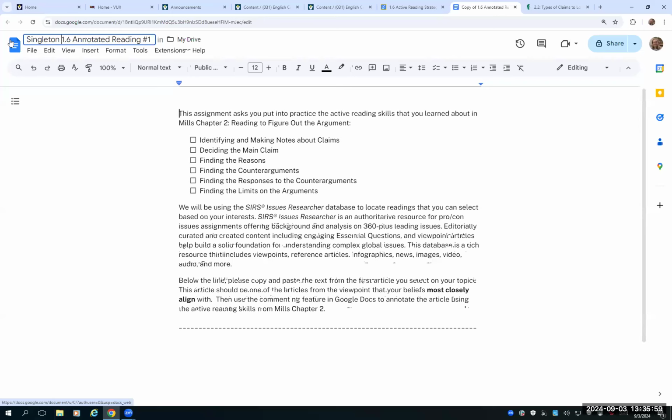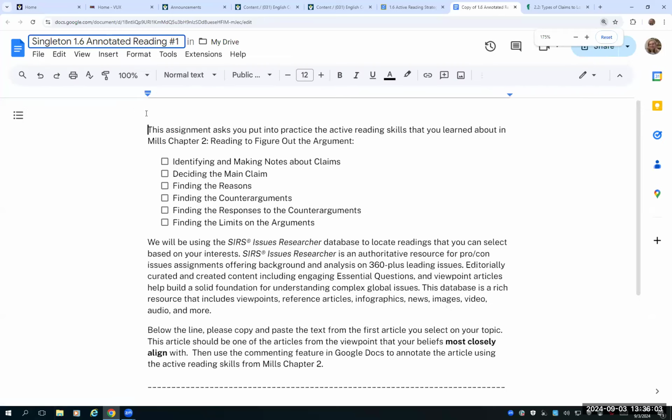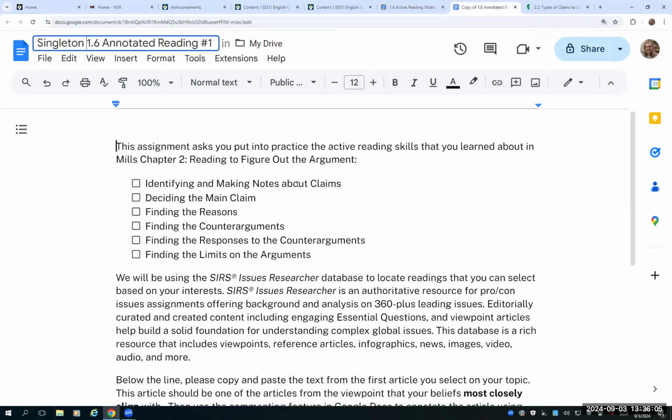All right, so we're going to start 1.6 today. We're going to keep working on it in class on Thursday. To start with, this is annotating a reading. We're going to be marking up a reading.